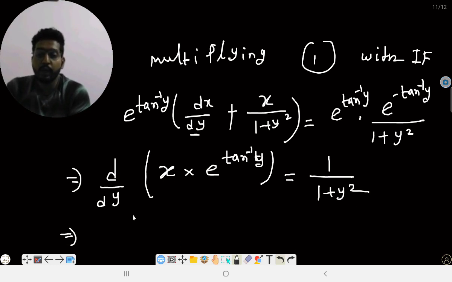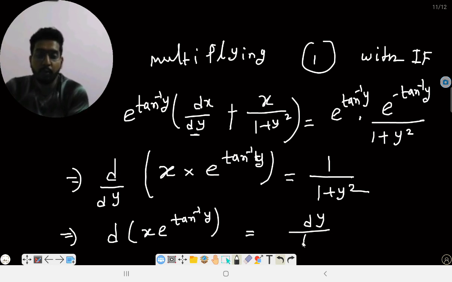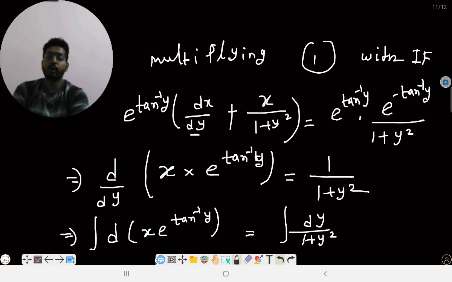Now if dy goes there, that will become d of x e to the power tan inverse y equals dy by 1 plus y square. Now integrate both sides. If I integrate both sides, what will happen?